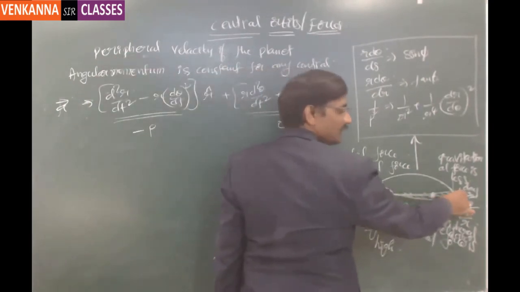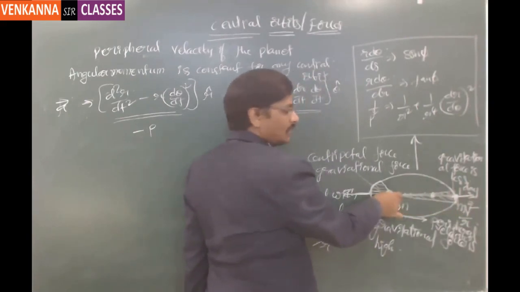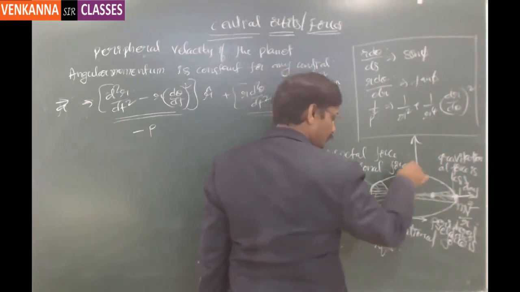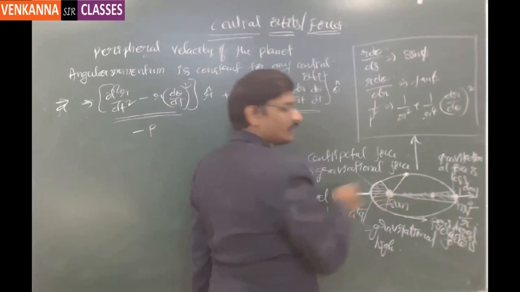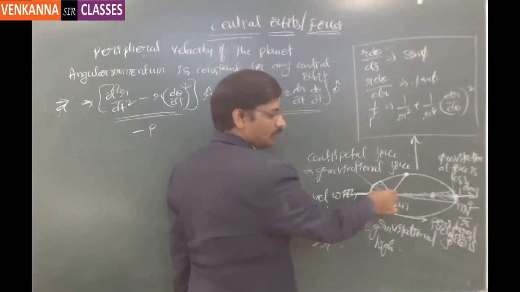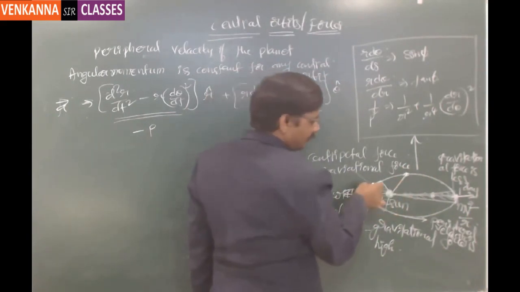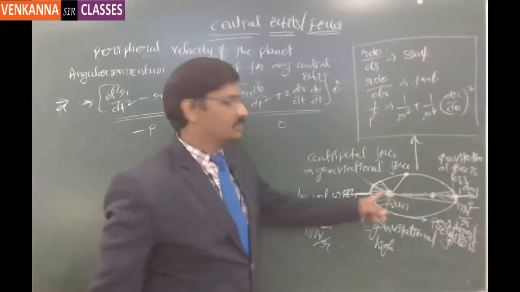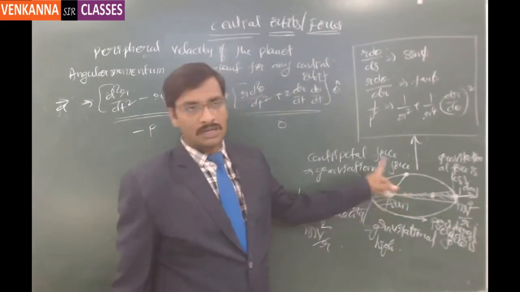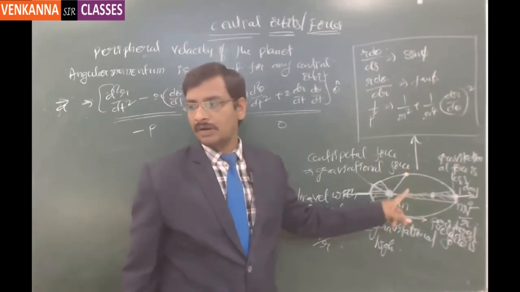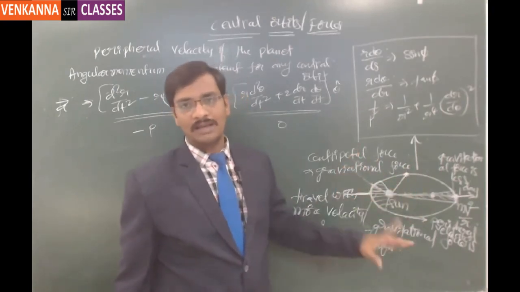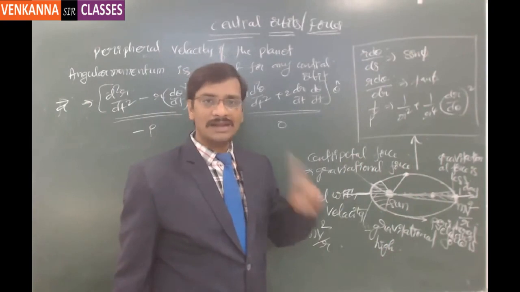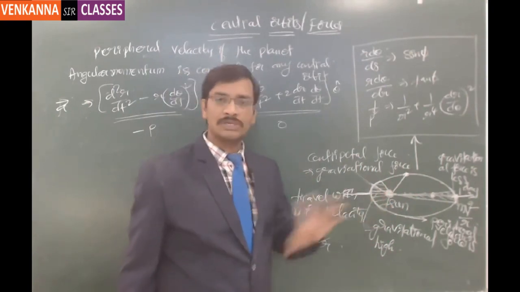The planet, whether it is here, will always attract in this direction. If the planet is here also, it will attract in the same manner, towards this particular point of focus. Whatever the location of the planet, the line of action of the attraction force always has to pass through the sun.